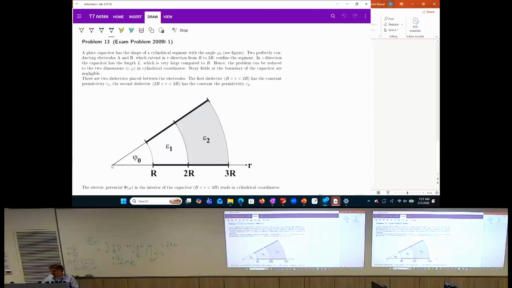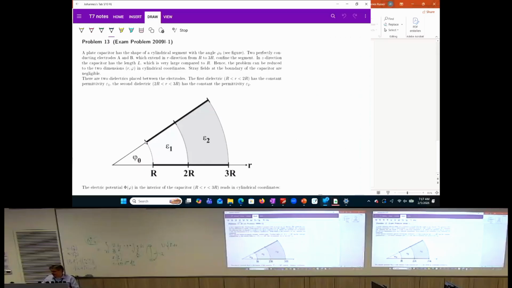There's your coordinate system. This is your origin, and this is your r direction. The one plate here starts at the radius r and extends to 3r, but it has two regions. Region 1 extends from r to 2r, and region 2 extends from 2r to 3r.